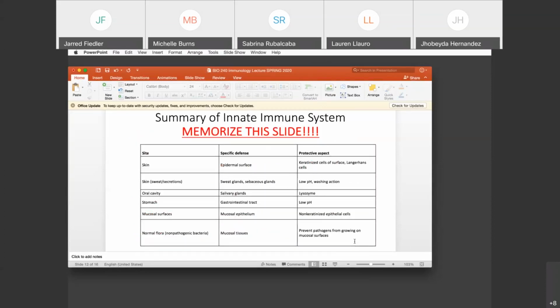Now, this is going to be the summary of everything I just went over. Make sure you memorize this. There's some additional ones. What is chemotaxis? Chemotaxis is detecting chemical gradients, and based on that chemical gradient is where you would either move towards or move away.